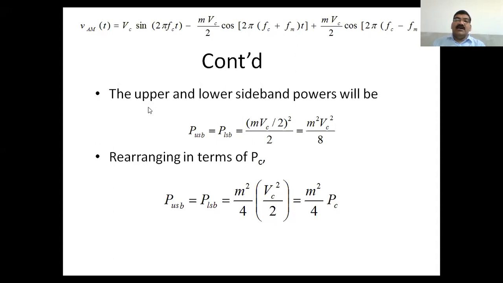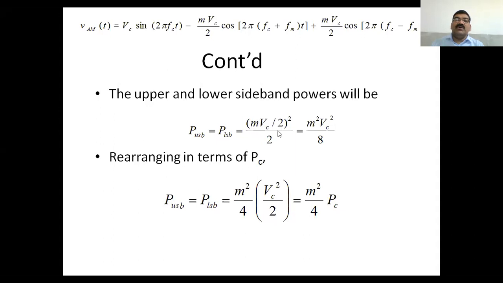Now, accordingly, how do we calculate the upper and lower sideband power? For the sideband, we have the formula with the voltage MVC by 2, all squared, which we derived previously. We put this value, square of this, divided by 2.